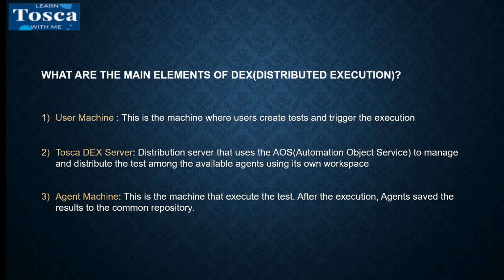The third one is the agent machine, where the actual execution happens. Once the execution completes, the results are saved in the common repository. We can have multiple agent machines, 10 or 15, based on our requirement.